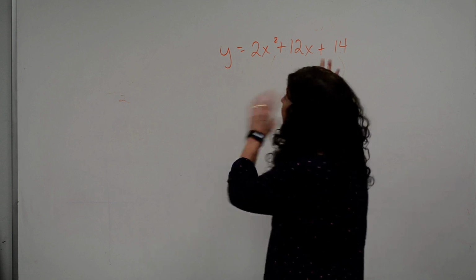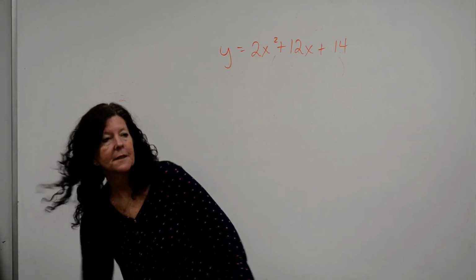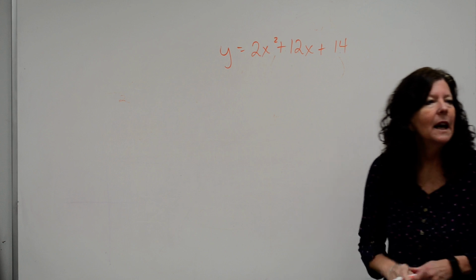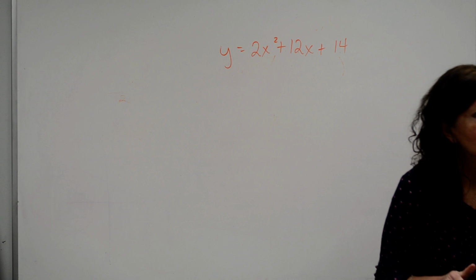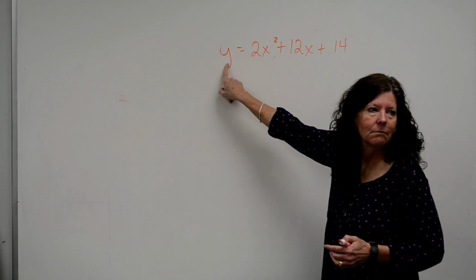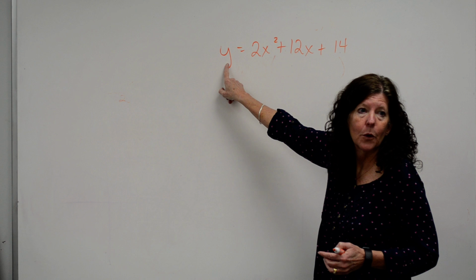All right, I know this is going to be my left-hand side. The reason why I know that is because my variable that isn't squared is a y. That's how I know that, okay?